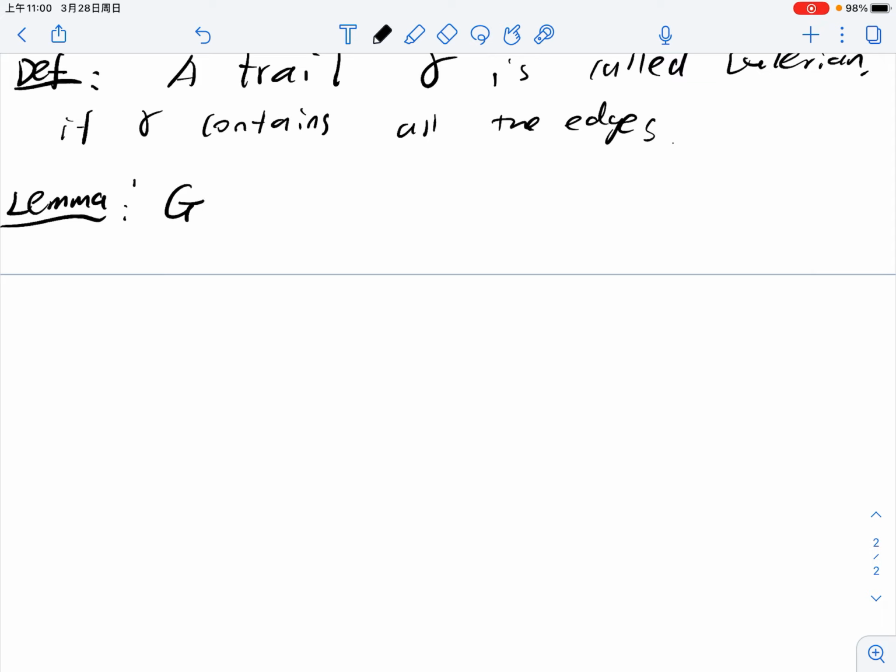Before that, let's state the following technical lemma, which enlarges an edge to a closed trail. Let G be a general graph.